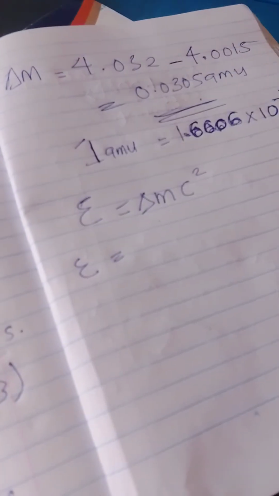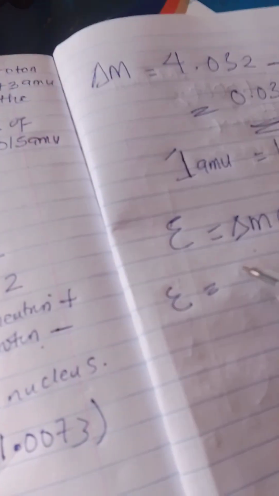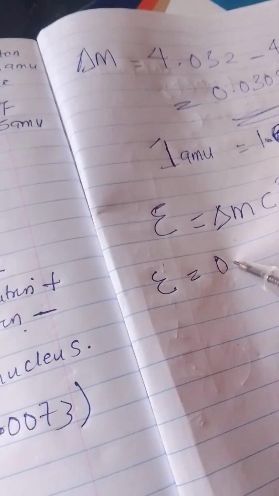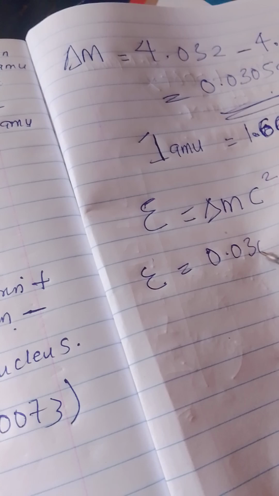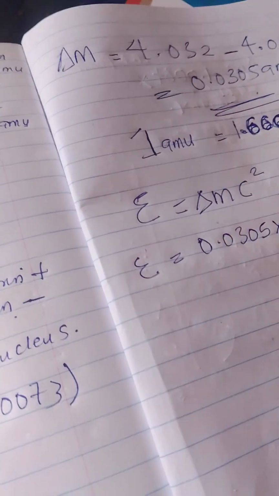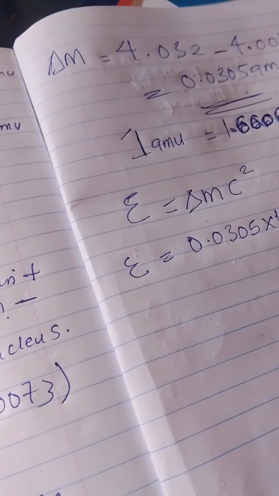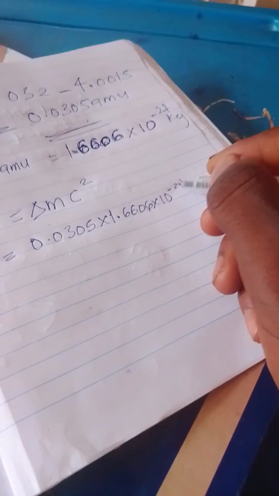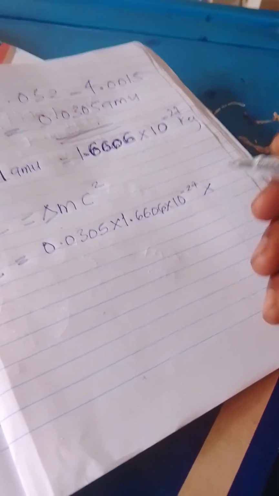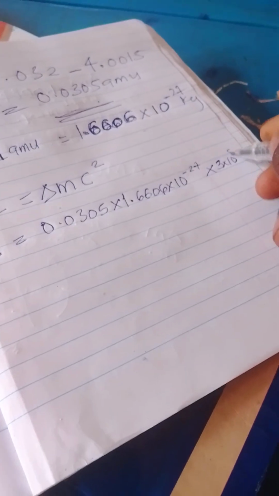That means before we can use our delta M, we have to convert it to kilogram. So it will now be 0.0305 multiplied by 1.6606 times 10 raised to power minus 27, multiplied by, what is the speed of light? 3 times 10 raised to power 8.